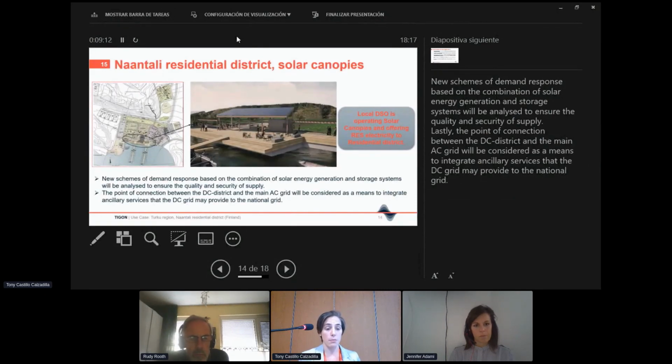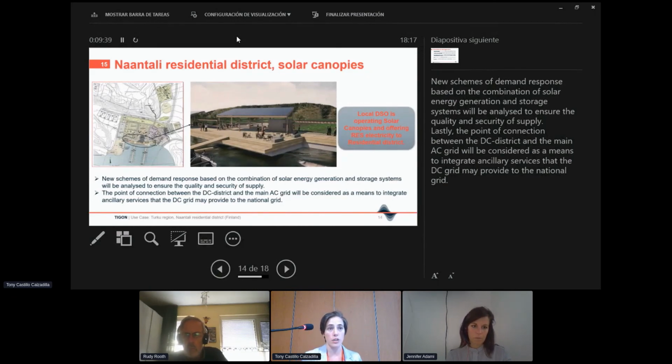The fact is that within the Nantali residential district, we will study and analyze new schemes of demand response, which are based on the combination of the use of solar energy generation and the storage system in order to ensure the quality and security of the supply from an electrical point of view.